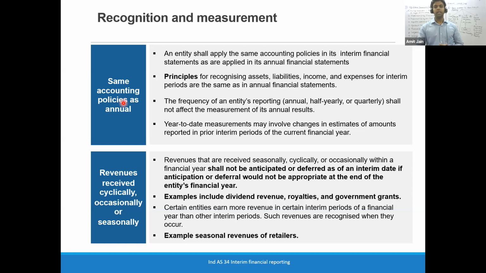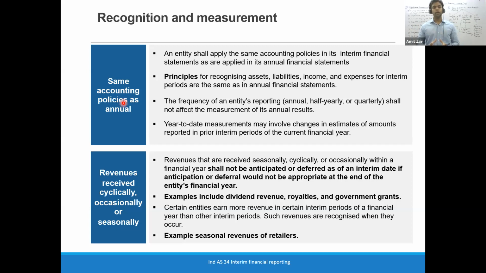For example, let's say the company is going to present its financial statements for 31st March 2021, and the interim period is the quarter ended June 2020. In that case, the company has to adopt those accounting policies which the company is going to follow in the annual financial reporting period 31st March 2021, right?